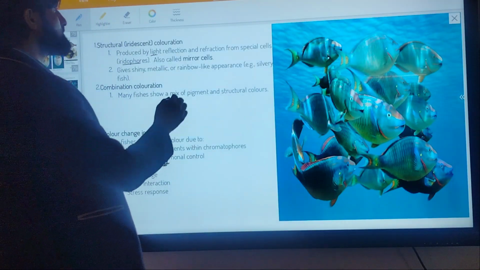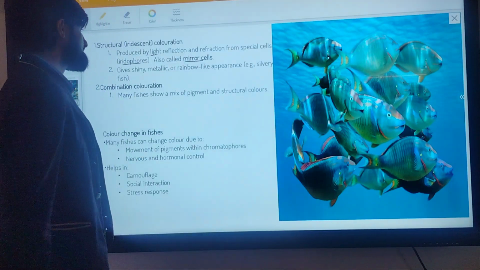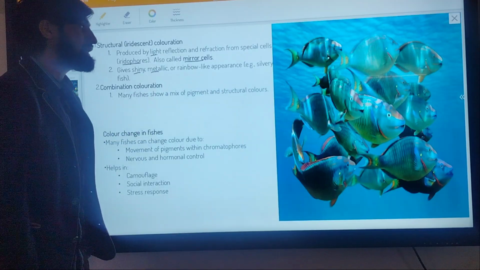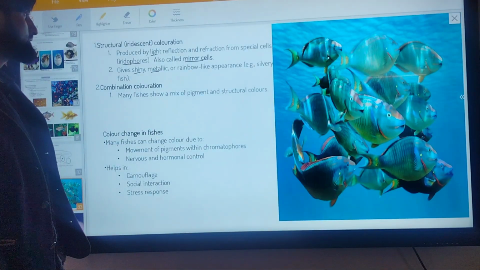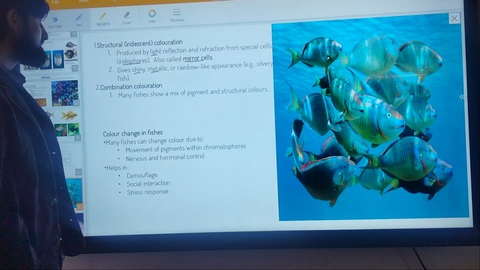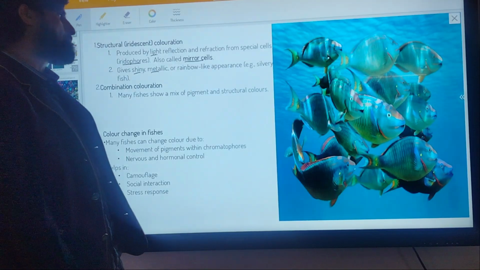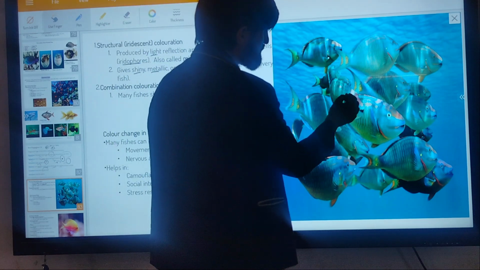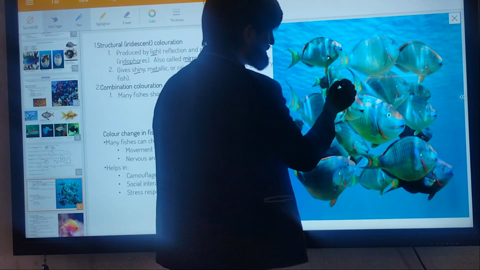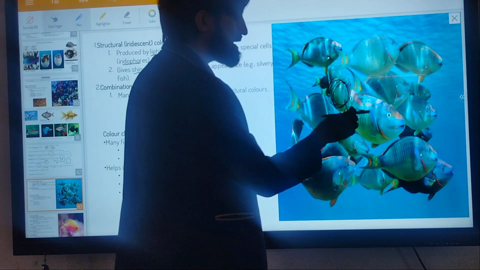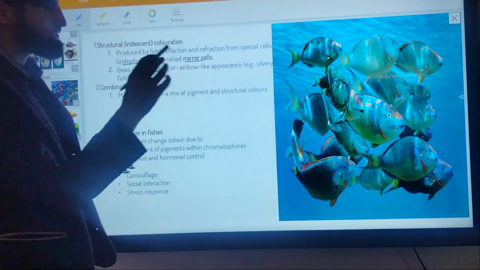That is why they are also called mirror cells. They give a shiny, metallic, or rainbow-like appearance in silvery fishes. So in combination coloration, many fishes show a mix of pigment and structural colors. Most of the fishes you can see here show different color patterns because of the combination of different pigments. That is why different bands and different colors of fishes are seen.